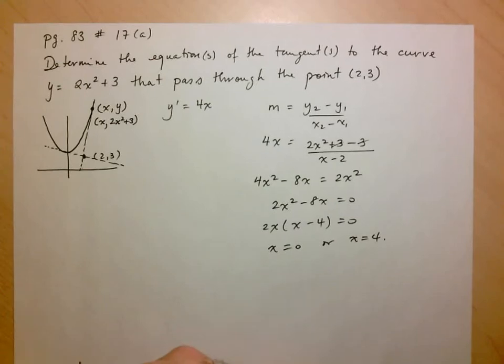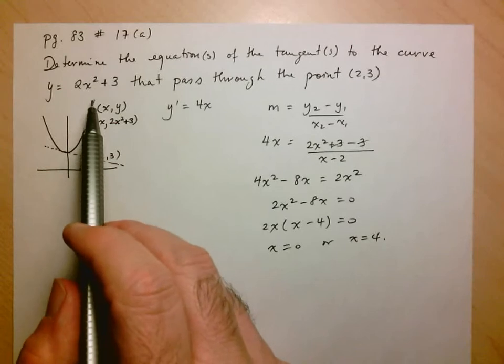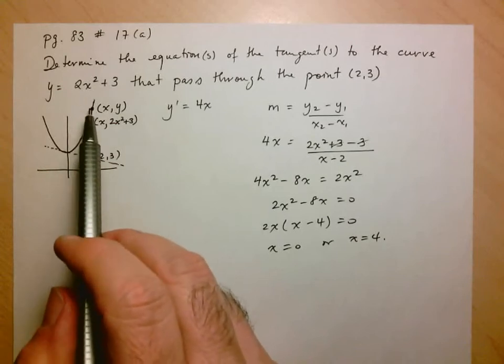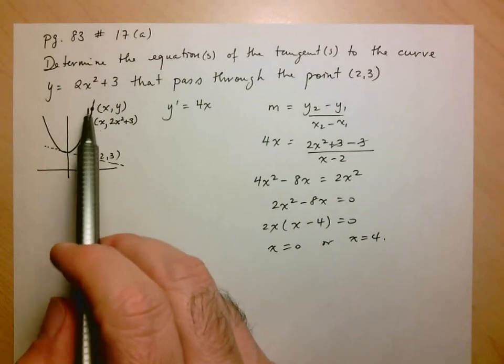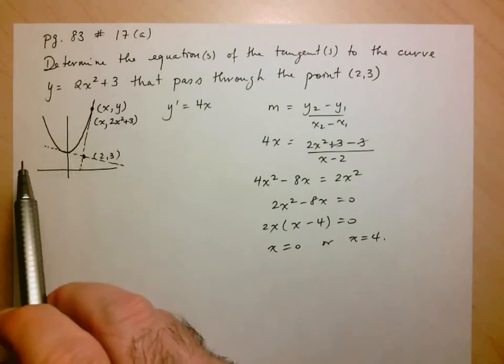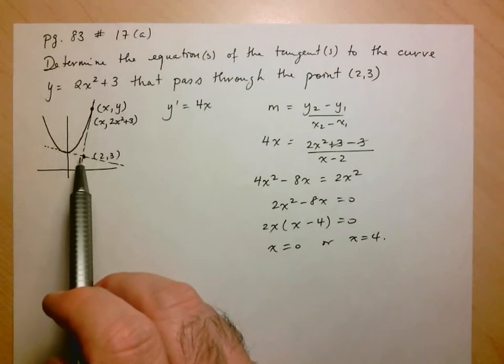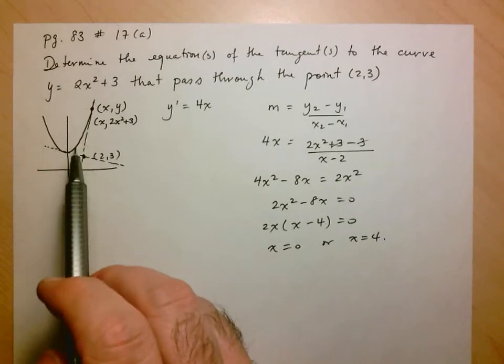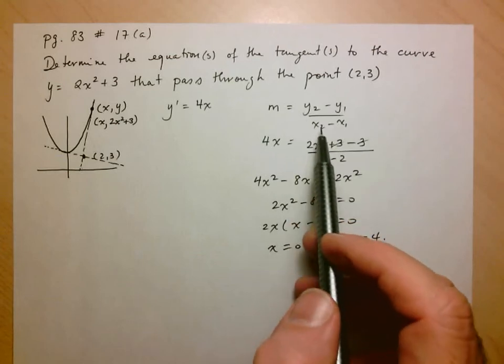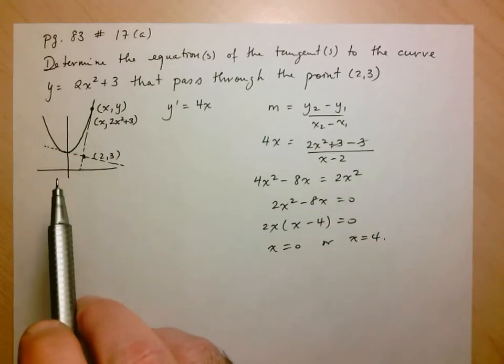Okay, so just to recap what I did, I used the fact that this tangent line, because it's tangent to the curve, I can determine its slope using the derivative. But because I know it also passes through (2, 3), I can also determine the slope using my old delta y over delta x formula back from grade 9.